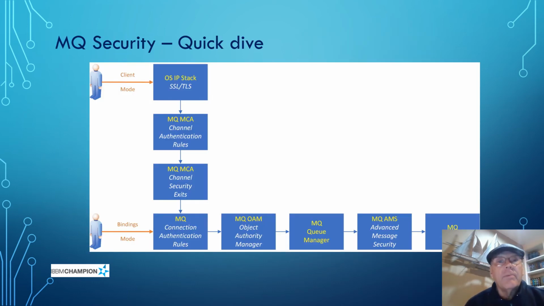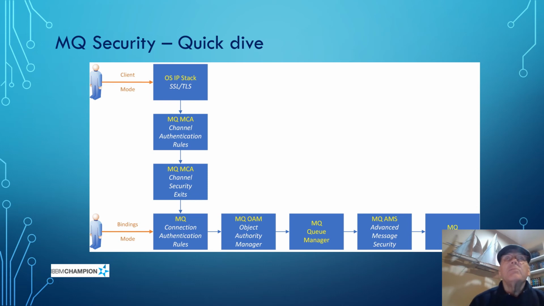You can see here the flow through MQ security. If you come in as a client across that channel, you've got to clear your SSL TLS checks to get a working socket before it ever gets to MQ. If you've cleared SSL TLS, then we get down to channel authentication rules. If you pass those, we can have those channel security exits.